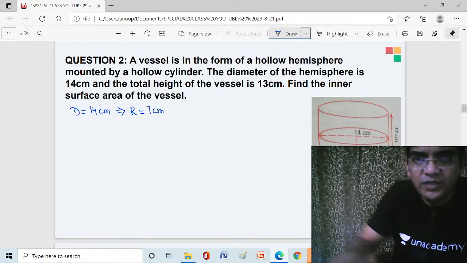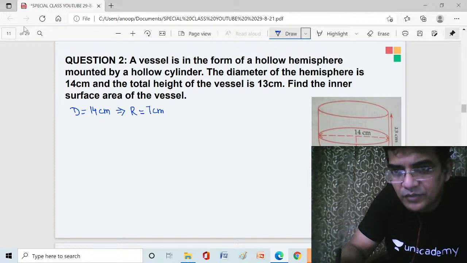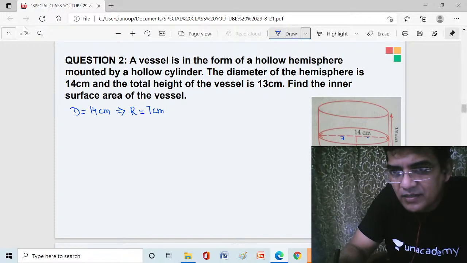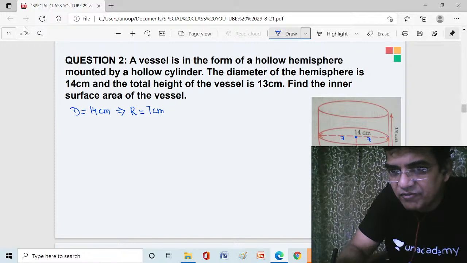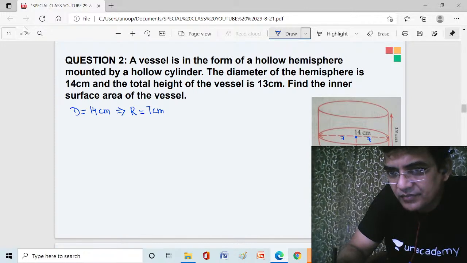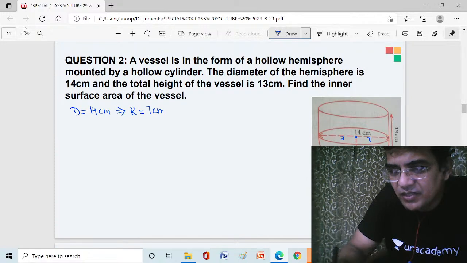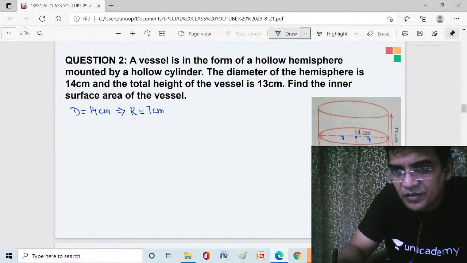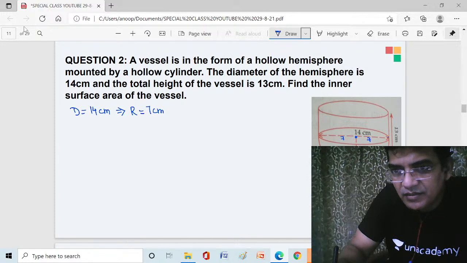Okay, now in this figure, this length is 14 total. So it will be 7 this side, 7 this side, because the radius is from center to circumference. So radius will be 7. Now this portion is also the radius, for the hemisphere. This is also the radius. So from here to here, this is 7.